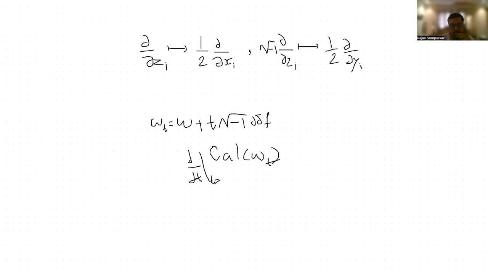If this derivative equals 0, then omega is said to be a critical point of the Calabi functional, which by Calabi's definition is called an extremal Kähler metric. So this is what it means for the metric omega to be a critical point of the Calabi functional.